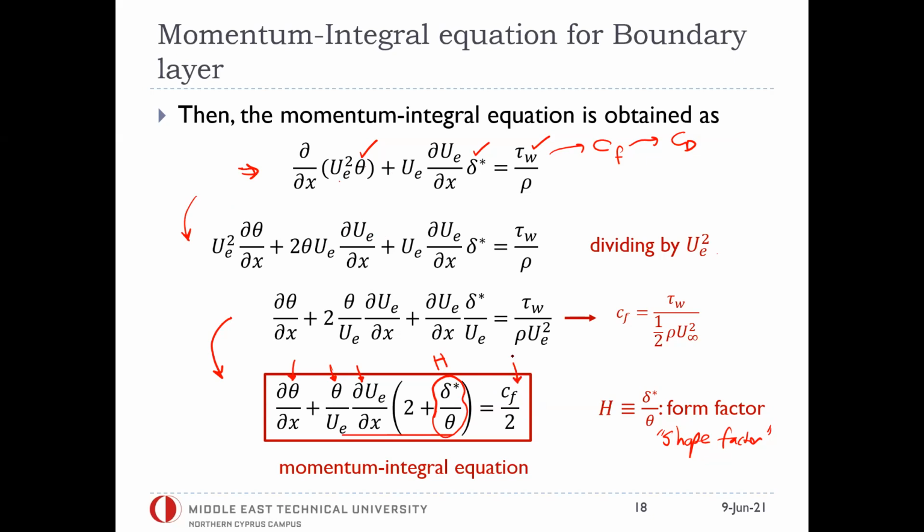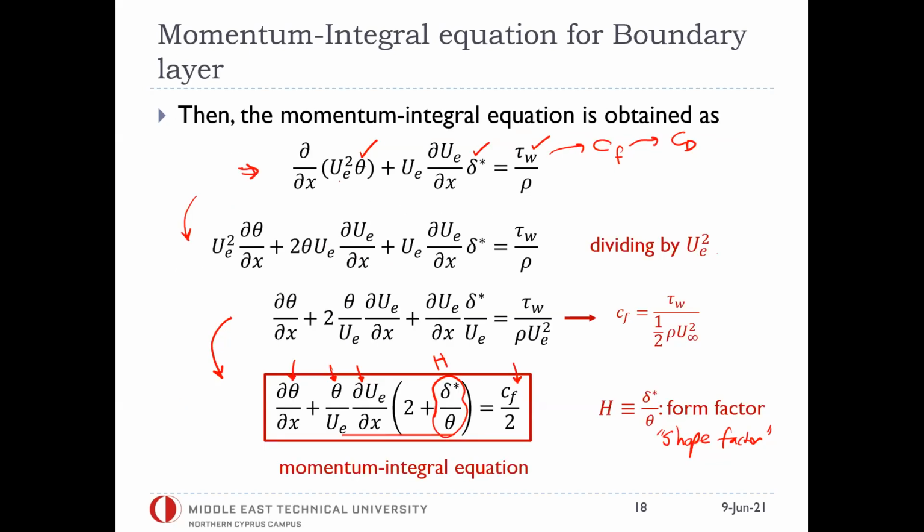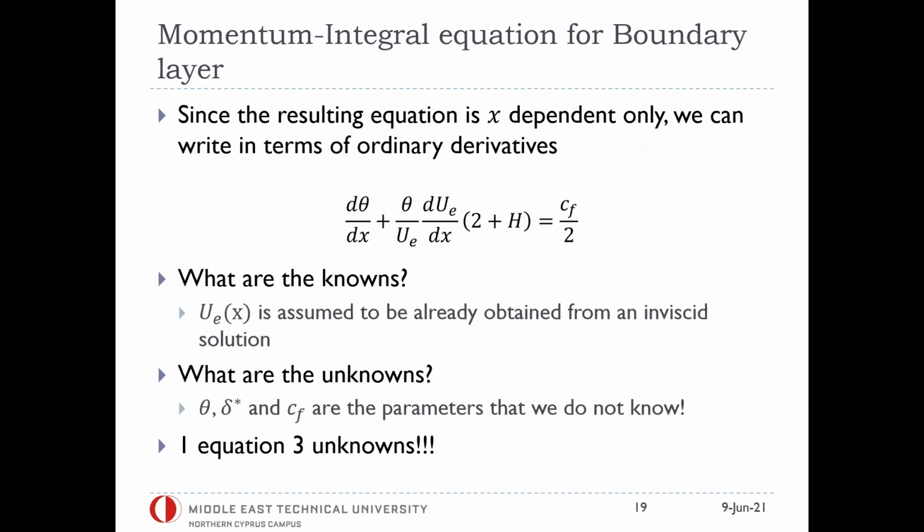But there's one problem. First of all, as you can see, all the derivatives in this equation are only dependent on the x direction. There's no y dependency, so we can write it using ordinary derivatives. So it actually becomes an ordinary differential equation.